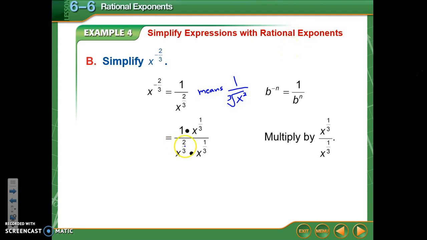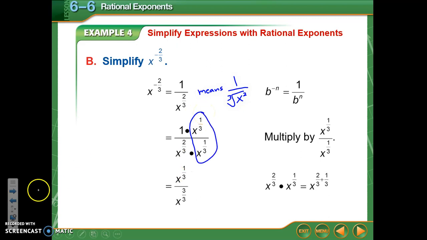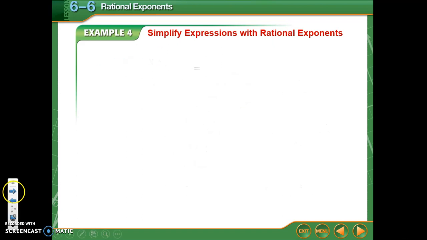So notice what we're doing here. To make it be x to the 1st, x to the 2/3 is what I have, so I need to multiply by x to the 1/3, so that when I add 2/3 plus 1/3, I get 1. So notice here I multiplied the numerator and the denominator by x to the 1/3. And so that leaves me with x to the 1/3 over x. And that is simplified because there are no radicals or fractional exponents in my denominator.